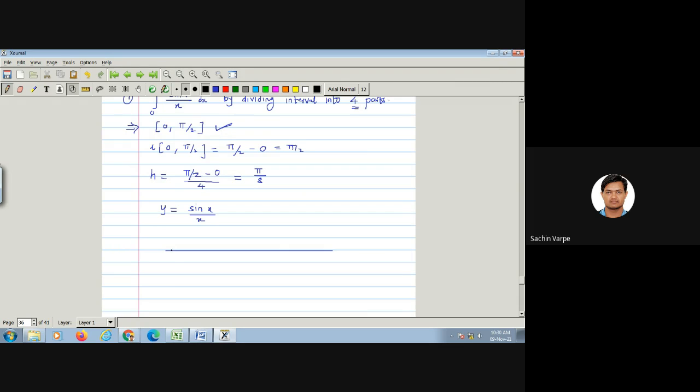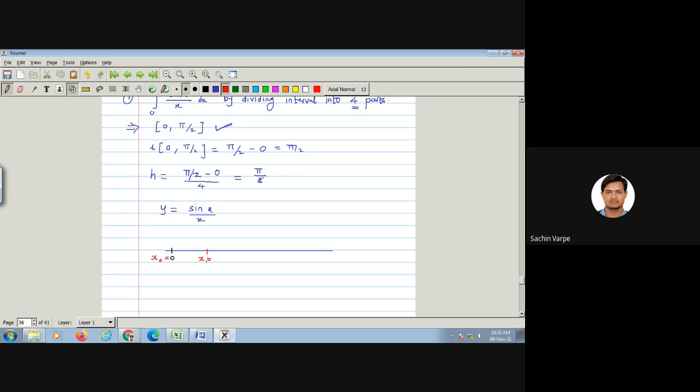As we are dividing the interval 0 to pi by 2 into 4 equal parts, we start from 0. This is my x naught, which is 0. Then x naught plus h is my x1. What is h?